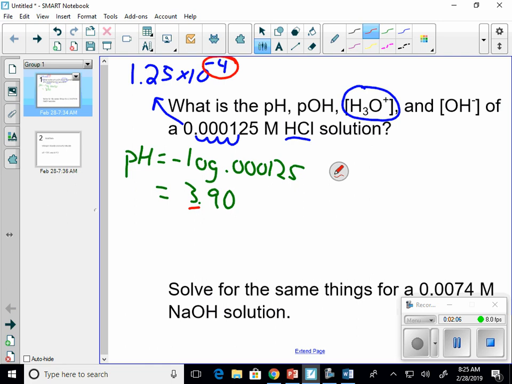So if the first digit here corresponds to that, that means I should have 3 digits after the decimal. So that gives me my last digit here of 3. 3.903. At least that's what I had when I typed it into the calculator.